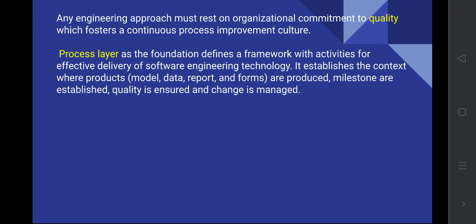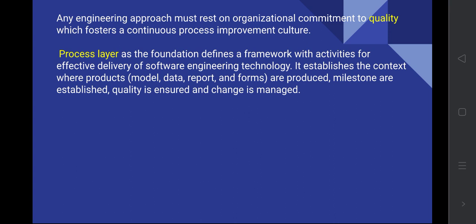When you are defining the process, it should be defined in a framework where we have many activities, and the activities all encompass the software engineering technology. We know that a model is the design of the process, data is the input to the design, a report is the output, and forms are the sources of the input.